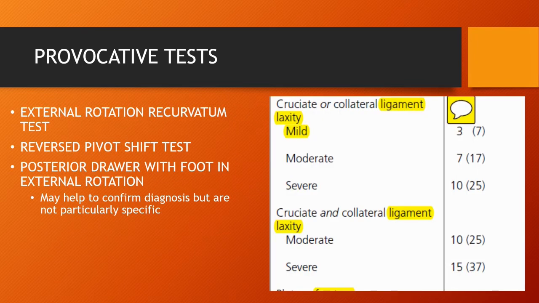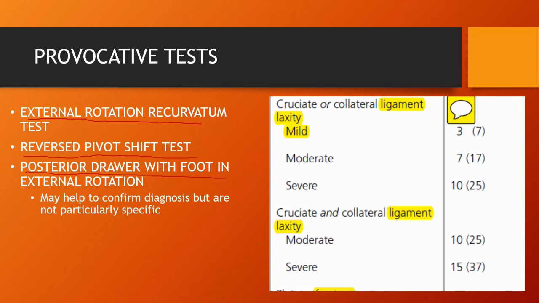And the literature describes a few other tests as well, none of which seem to be particularly specific to either collateral or cruciate ligament damage. But the literature talks about the external rotation recurvatum test, the reversed pivot shift test, and probably the most applicable and the most practical is the posterior drawer test with the foot in external rotation.